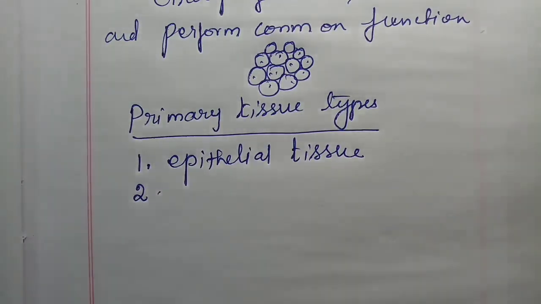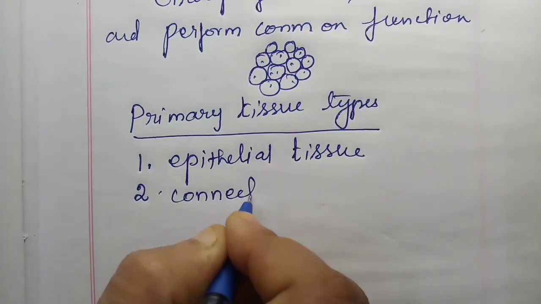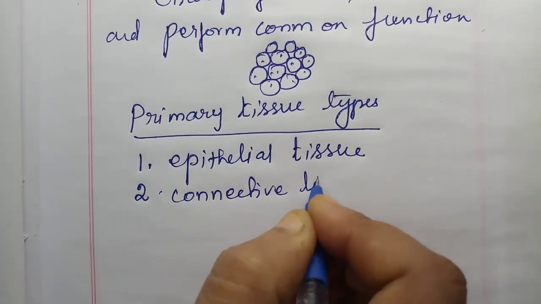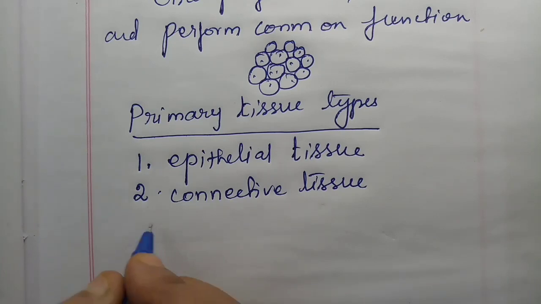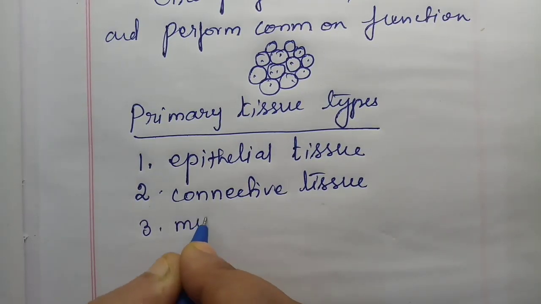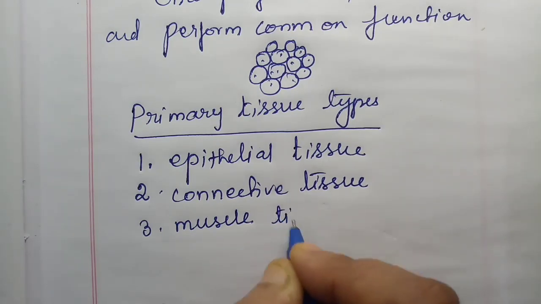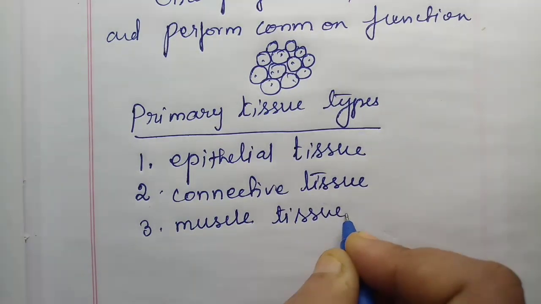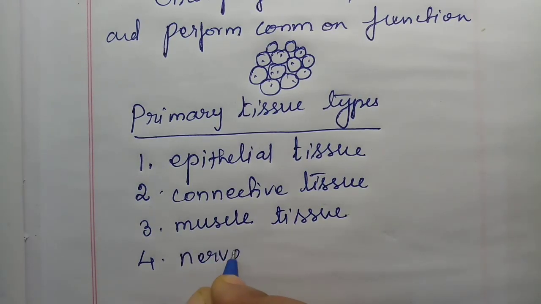Second one, connective tissue. Third one, muscle tissue. Fourth one, nervous tissue.